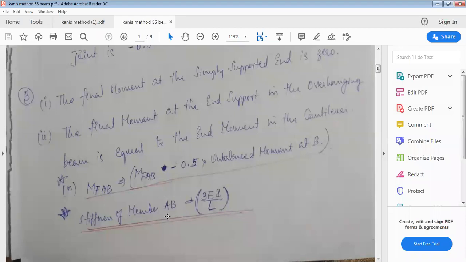The stiffness for that member will be 3I by L. Previously we had only EI by L, because all the ends are fixed.